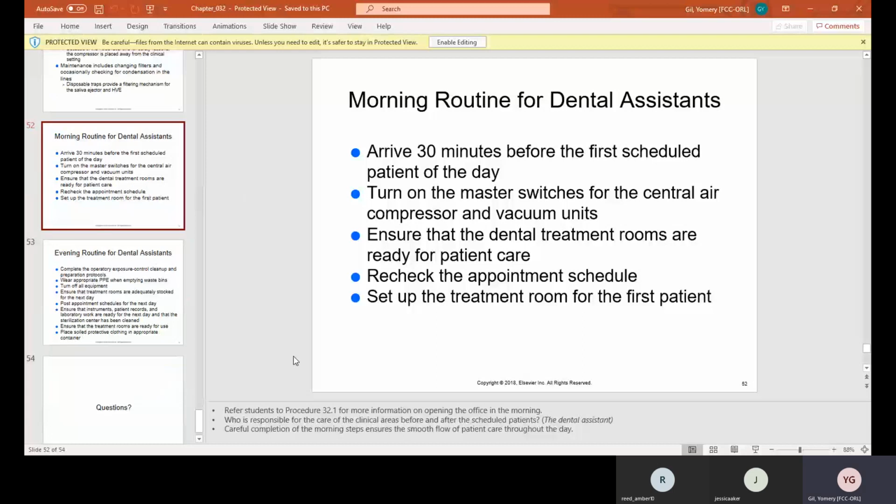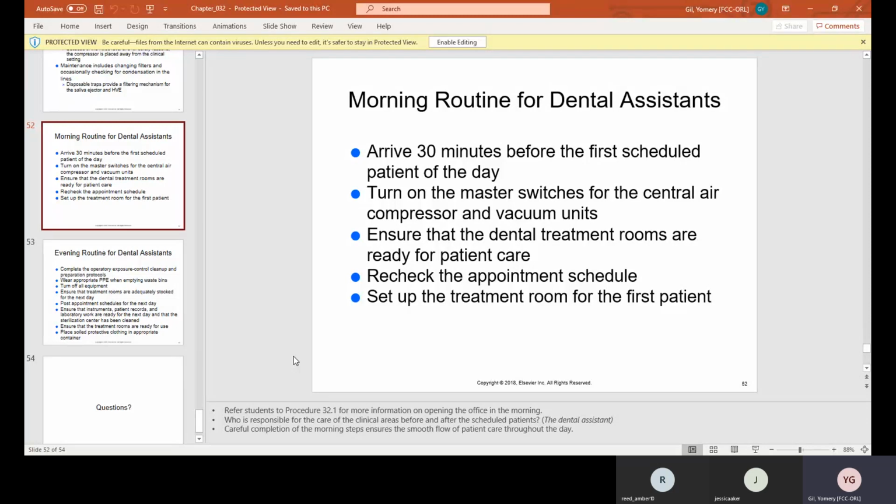Some offices will have a morning huddle, like 10 to 15 minutes before the first patient is seen. Basically, the morning huddle is a quick meeting at the beginning of the day, and it tells the assistant or the team what is planned for the day.